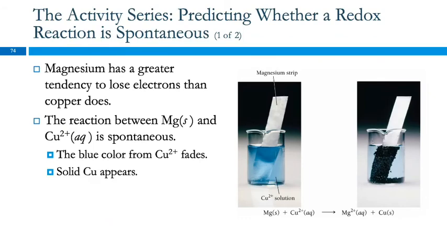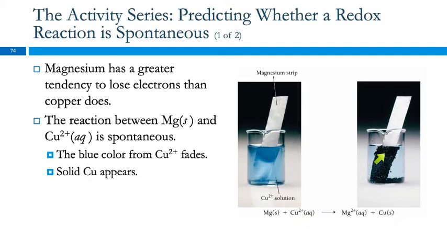So, activity series. If we put a strip of magnesium metal into a solution of copper ions, a chemical reaction will occur. The magnesium goes from the element magnesium to magnesium ions, so it's being oxidized, and the copper ions go to copper metal, being reduced.